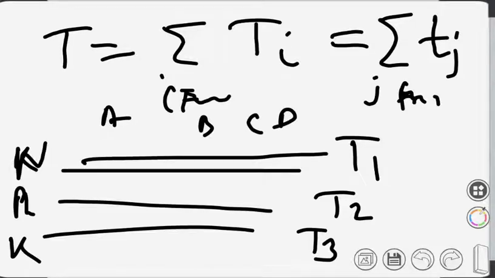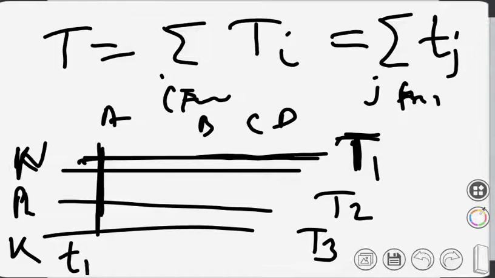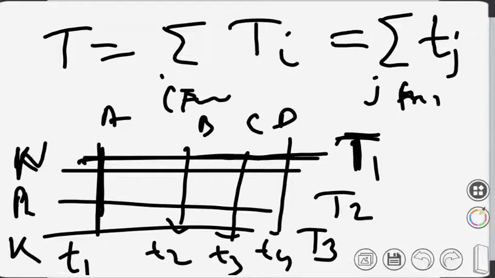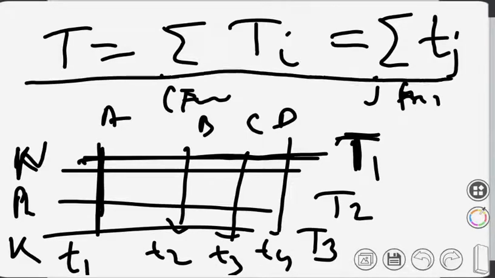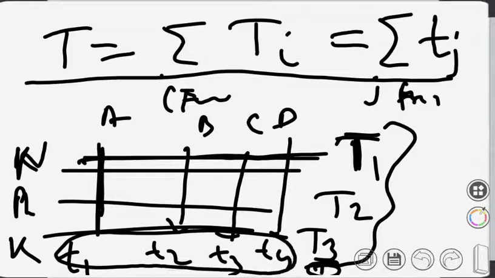If you add these 4 values, you will get capital T1, and if you add these 3 values, you will get small t1. This is small t2, small t3, and small t4. That is what I mean. If you add these 3, you will get T, and if you add these 4 values, small t1, t2, t3, t4, you will also get capital T. Got it?